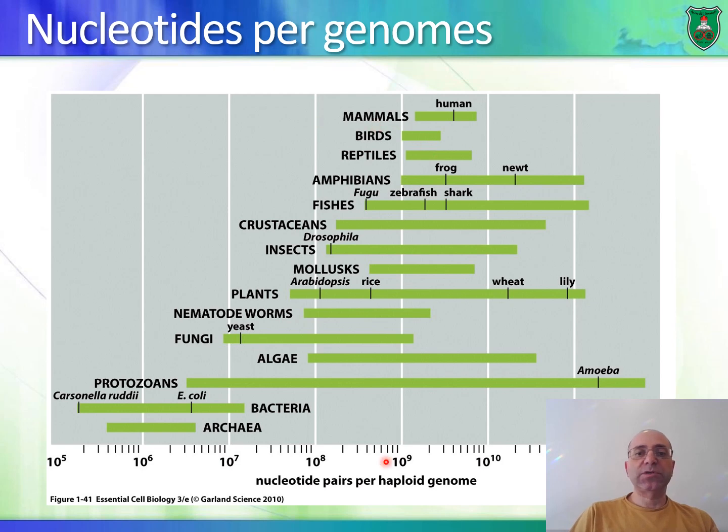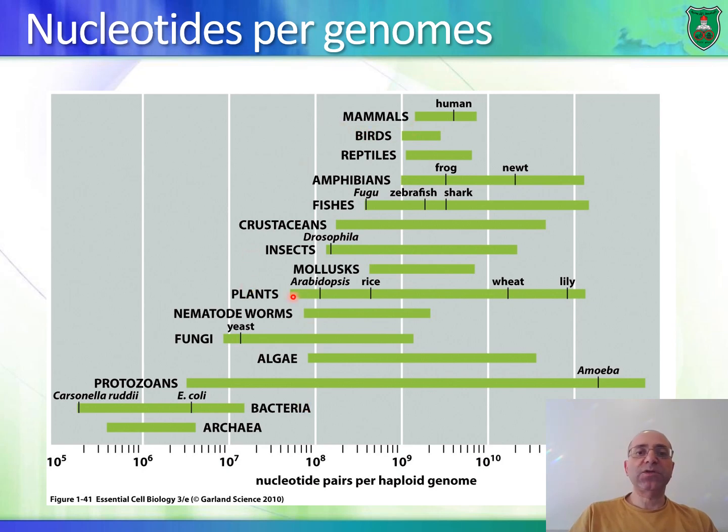This just shows the number of base pairs in different genomes: mammals, birds, reptiles, bacteria, archaea. Archaea is like the third branch of living organisms. So you have eukaryotes, prokaryotes, and archaea. Archaea is a combination of prokaryotes and eukaryotes.